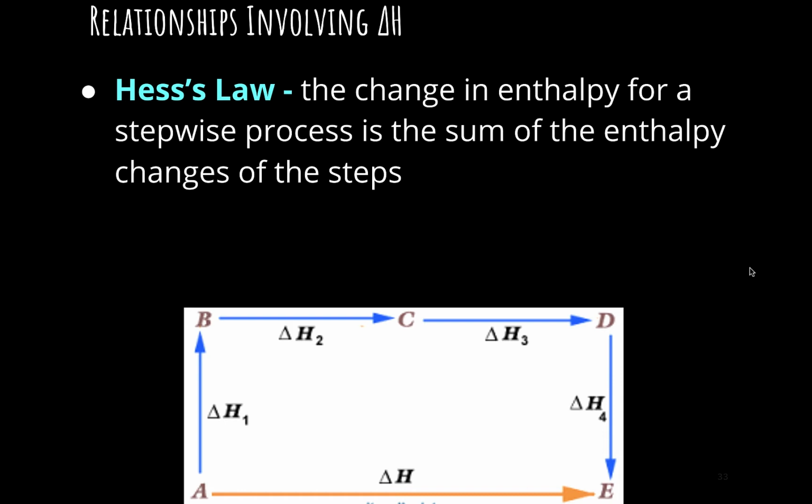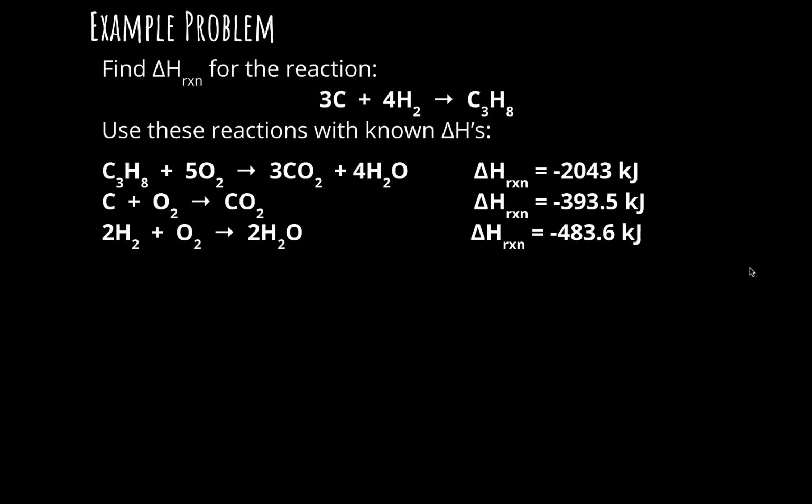So you can see the overall delta H of that reaction A to E can be given by the overall equation A to E, or you can take the heat of reaction for A to B, B to C, C to D, and D to E and add those up, and that will give you the same value. So the best way to learn how to do these is to actually do some example problems.